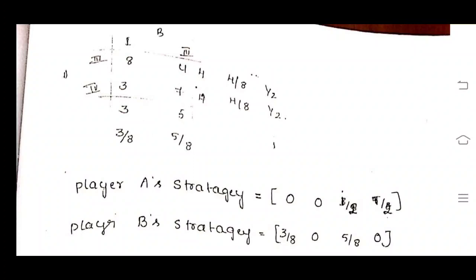While writing the player B strategy, for the first column we have calculated 3 by 8, and there is no second column, it is already deleted, therefore the probability is 0. And for the third column, we have calculated the probability 5 by 8, and the fourth column is deleted, and for that the probability value is 0.